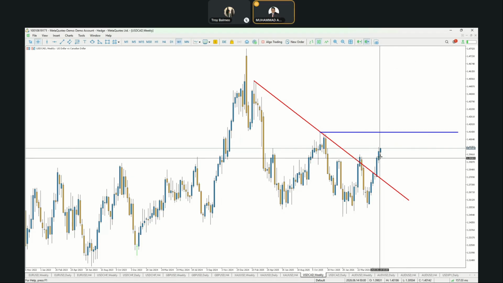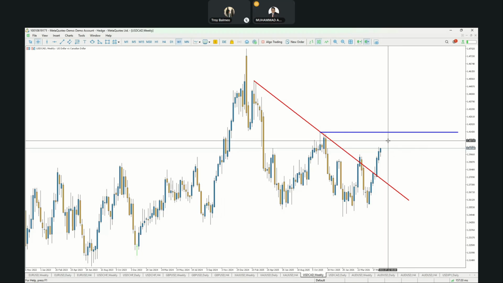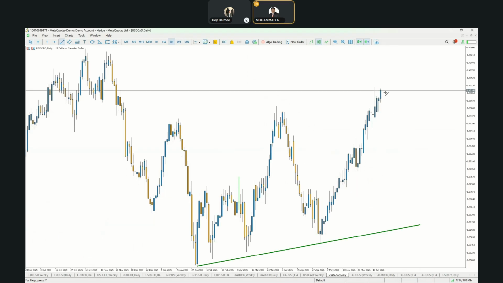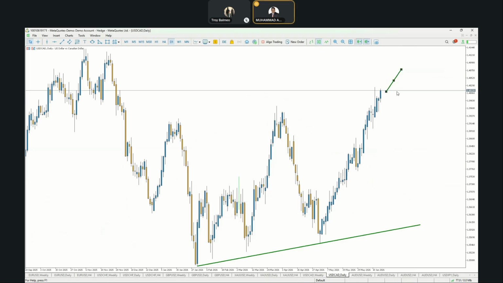Otherwise, to me, this is just a false breakout and overall sideways price action, and it's possible that price action could go up a little bit more and then starts the decline in USD CAD currency pair. So in daily time frame, my forecast is a little bit bullish in USD CAD currency pair.